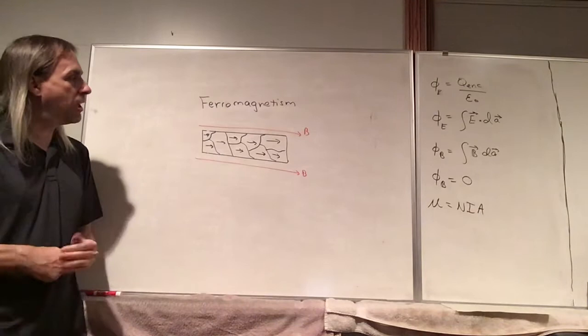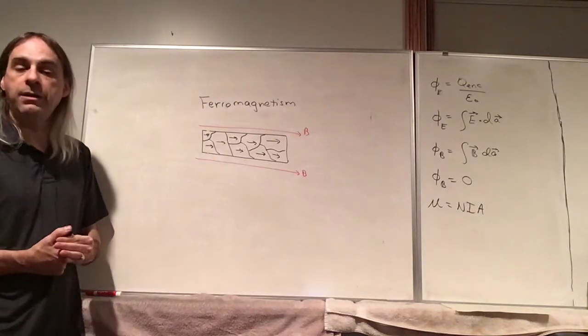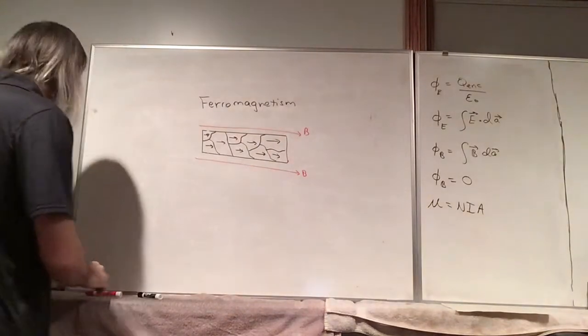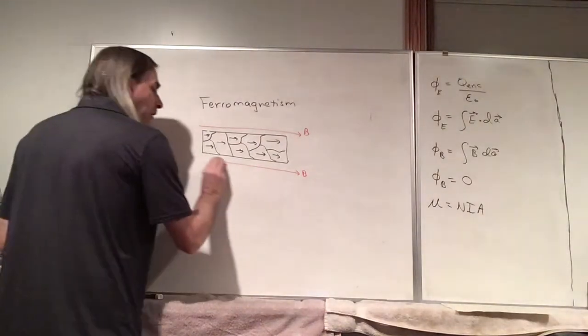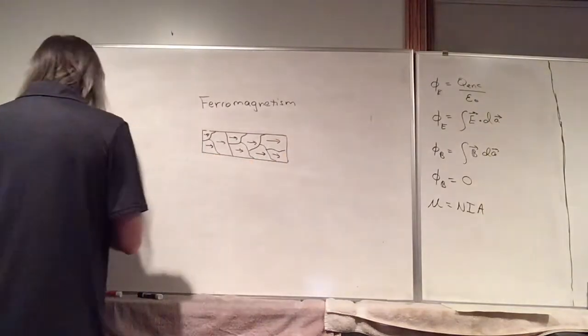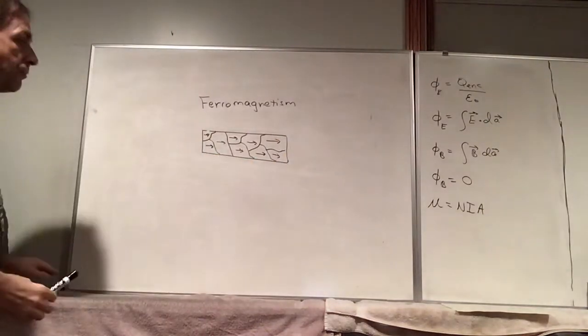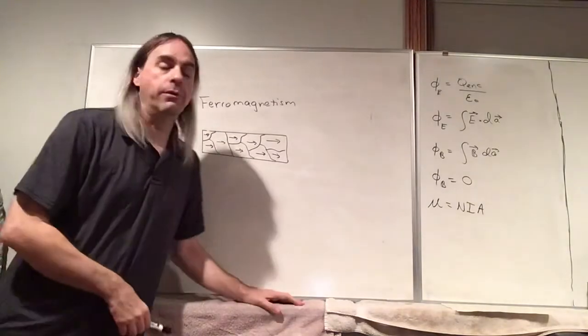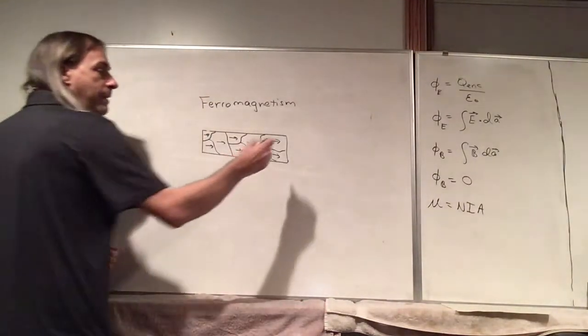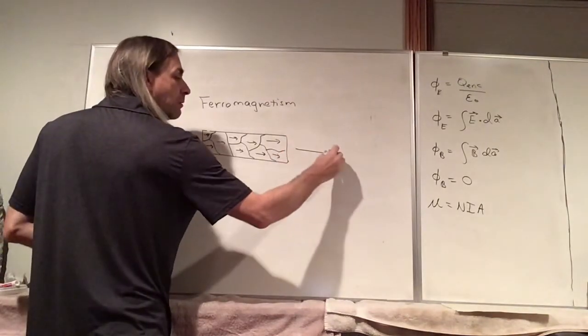But there's a very critical difference between ferromagnetism and paramagnetism, and that is that if we remove this external field, the domains stay as they were. And so now we have what's called a permanent magnet, because they're going to stay this way, and this is how a magnet is created.